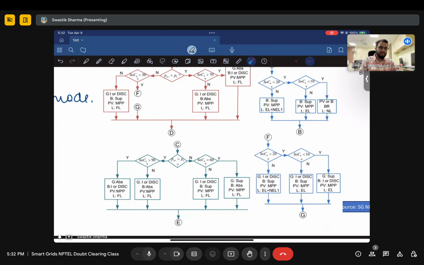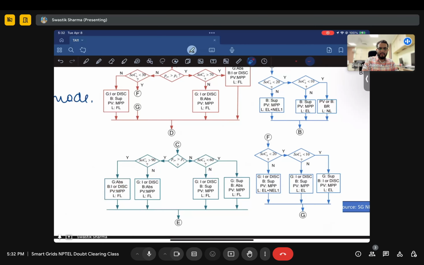If the generation is greater than load from PV, then you check if the battery is at a higher point of the SOC. The battery's maximum SOC is set at 90%, right? So you check if it is greater than 90%. If yes, you don't take power from the grid. You keep grid as absent. Your battery is either charging, discharging or idle. You can discharge if you want, but you can keep it at idle.